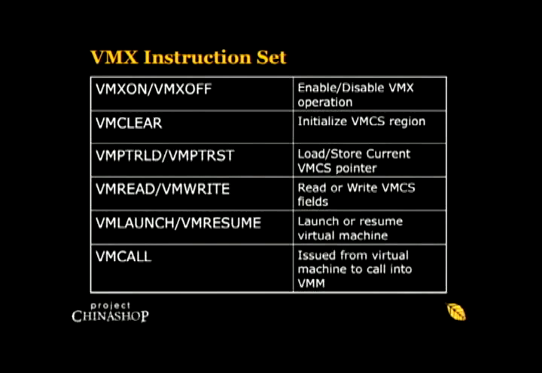Actually, one thing I should have mentioned about the things that cause VM exits: you can also tell the VM to exit on the halt instruction. Most operating systems execute the halt instruction in their idle loop, so whenever the OS is idle, you can say, exit the VM and I'll run another OS. That's a way you can multitask between VMs with good performance. The last instruction is VMCALL.